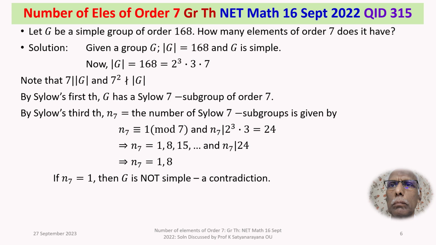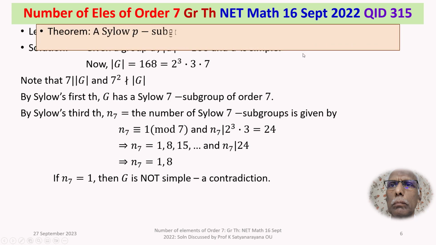When it is only one, then we have a theorem that it says it is normal in G. That means G has a non-trivial normal subgroup of order 7. But G is given to be simple. What do you mean by simple? A group G is simple if it has no non-trivial normal subgroups. But now G has a non-trivial normal subgroup, therefore it is not simple. And it's a contradiction to the fact that G is simple.